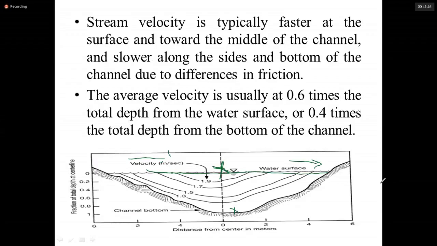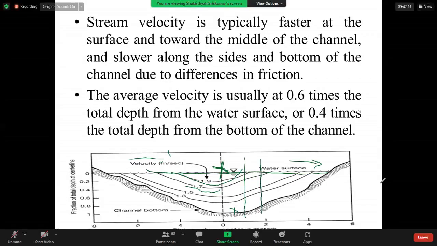For that, here you can see the velocity at this point is 1.9 meter per second. Here it's 1.7, 1.5, 1.3. Likewise, it's decreasing. So how can we get an average value for a point?